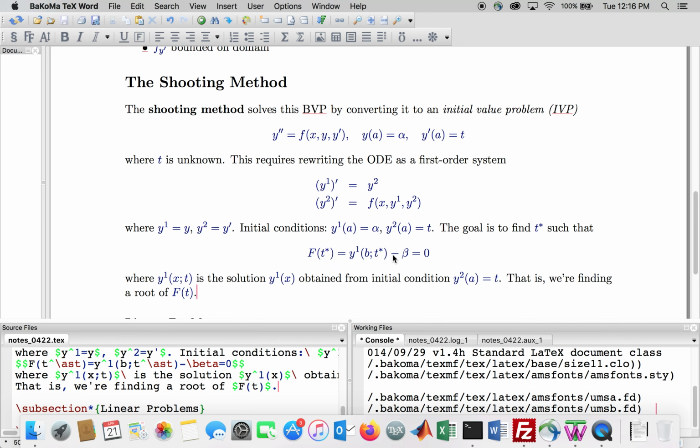It's just that evaluating this function is quite a chore, because in order to evaluate it at any value of t, you must solve a whole initial value problem, evaluate your numerical solution at x equals b, and then subtract beta, and hopefully that will be converging to 0. So that's the idea: we are trying to find a root of this function.